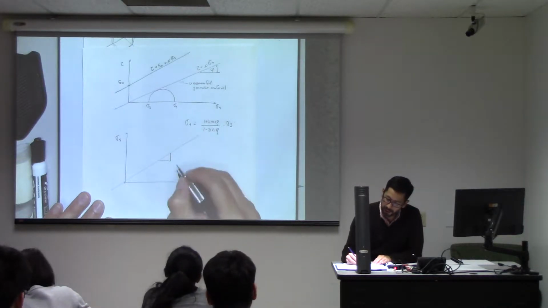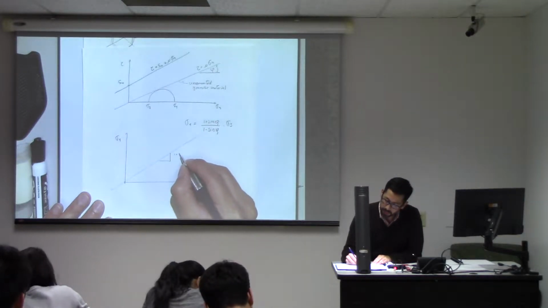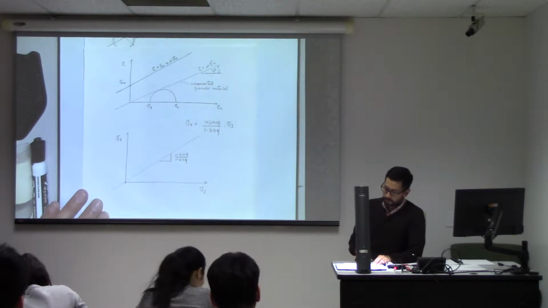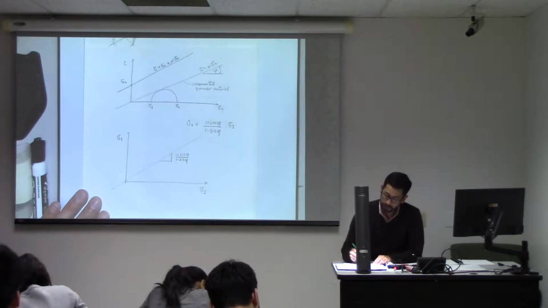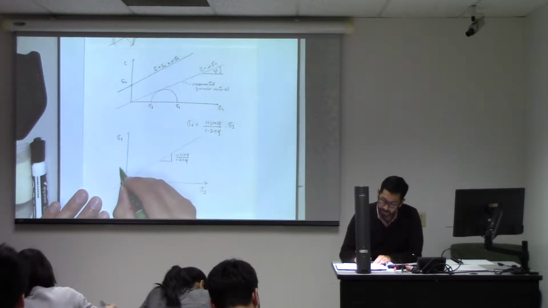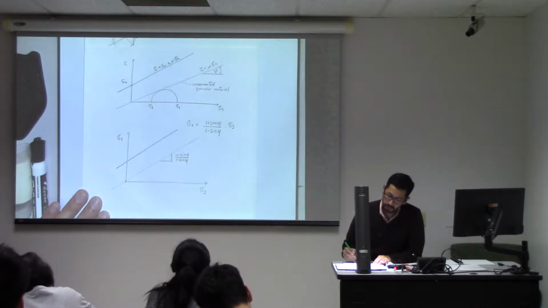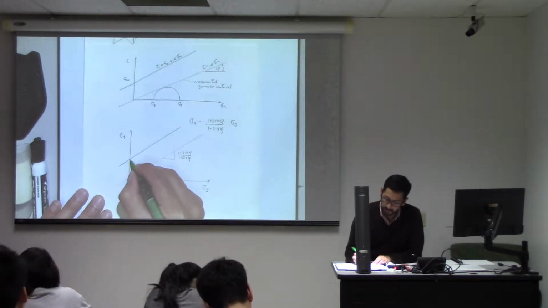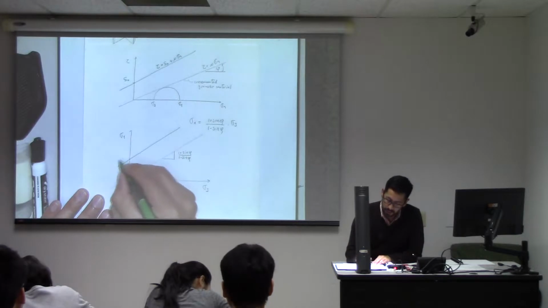The slope of that line is going to be (1 plus sine phi) over (1 minus sine phi). If I have a cemented material now, this is going to be a line which does not go through the origin, but it's a little bit higher than that.